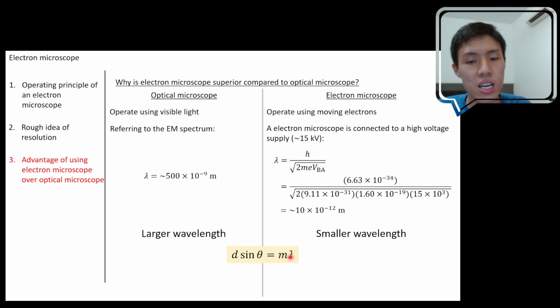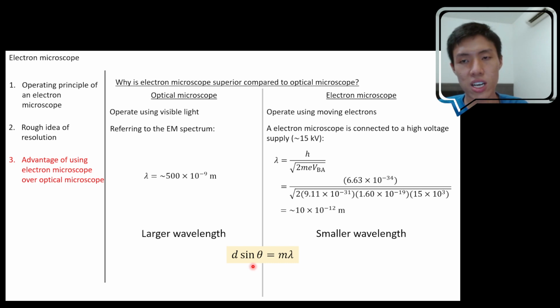If you use a larger wavelength, you get a larger theta. Your d is fixed. It's the distance between the atoms of your object, basically. Your lambda is different for the optical and electron microscope. d is fixed, m is fixed, so if you have a larger wavelength, you have a larger theta.